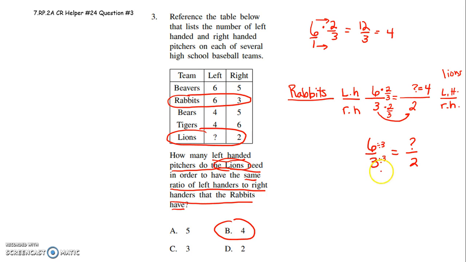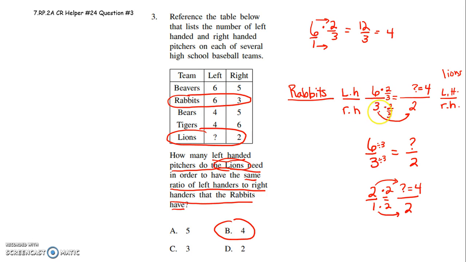I could divide this by 3. 6 divided by 3 is 2. 3 divided by 3 is 1. And then I could say 2 to 1 is what to 2? And multiply denominator and numerator by 2 and come up with 4. Lots of ways to go about this problem.